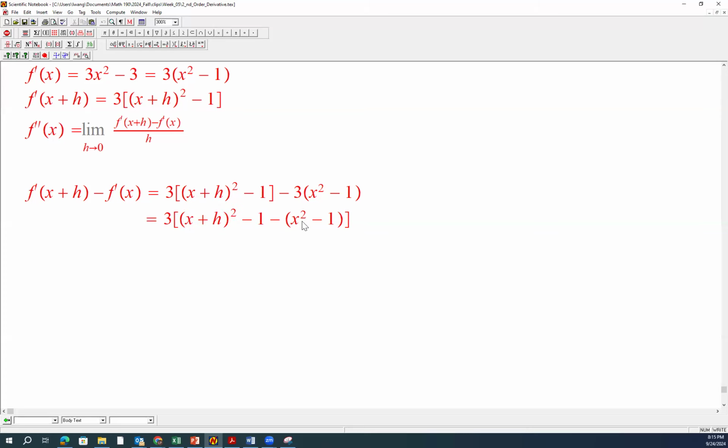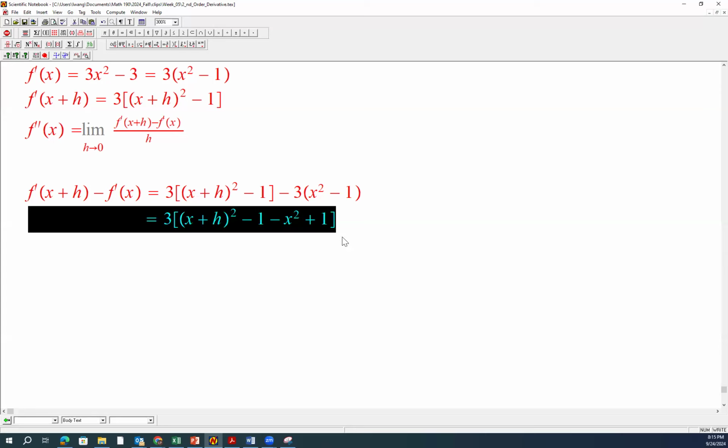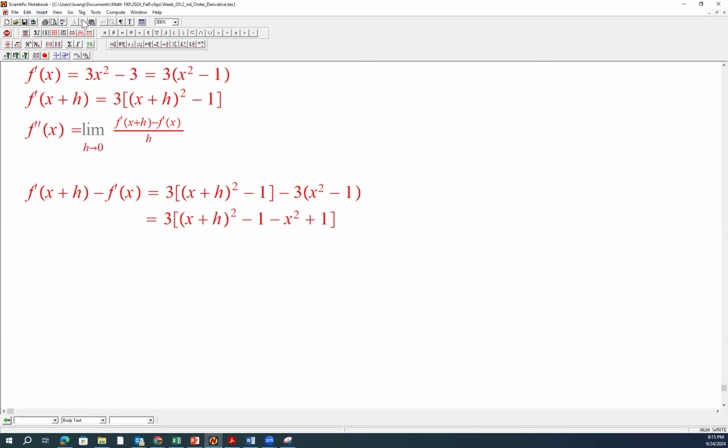So if I open up the parentheses here, the latter part is going to be plus 1, right? And now plus 1 and minus 1 makes 0. So this is gone. And then what? You can FOIL or you can factor. Really, doesn't matter what you do.